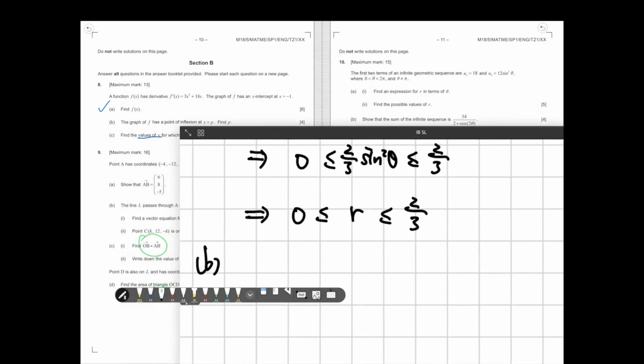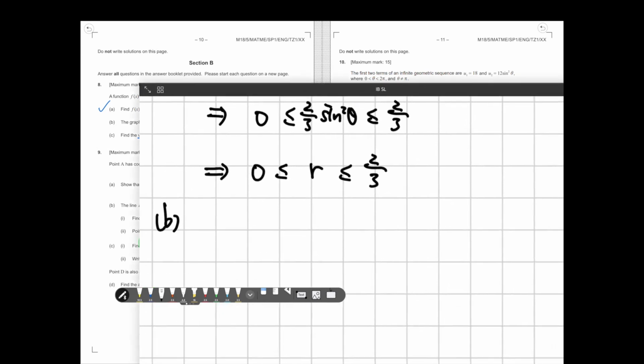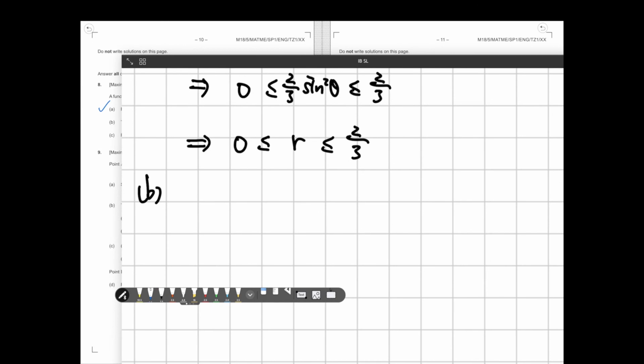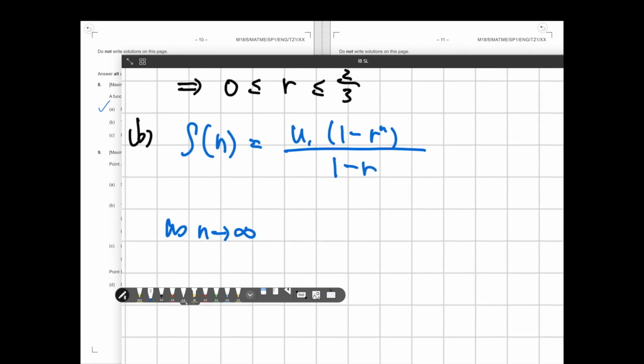And then we move on to part B. Part B is to show the sum of this infinite series is equal to this value. So we have to find Sn, the sum of all the sequence, that is just equal to U1 times 1 minus R to the n, and then over 1 minus R. But n approaches infinity, so it is an infinite sequence, right?